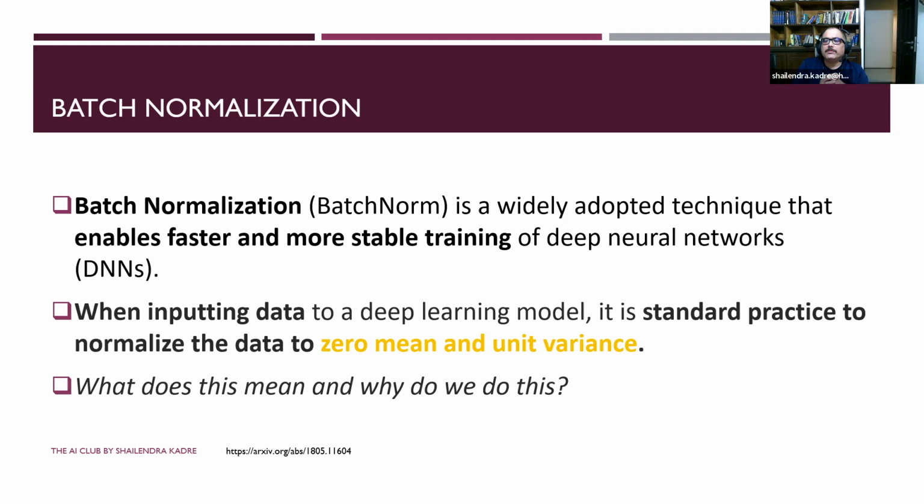Batch normalization means that before giving any input to a layer, say layer 3, whose input is the output of layer 2 neurons, we make all the input values have zero mean and unit variance.